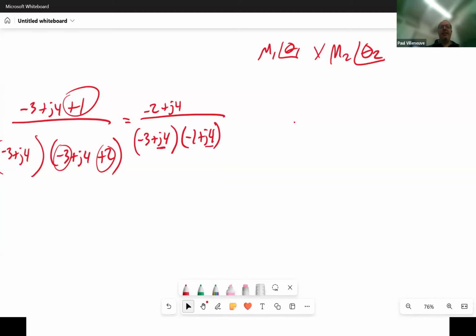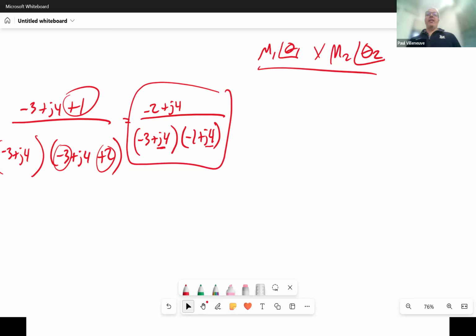How do you multiply complex numbers? They are in polar, right? The M1 and theta 1 and M2 and theta 2 are already in polar. We're not talking about this part right here. I just want you to tell me how to multiply those two complex numbers together.